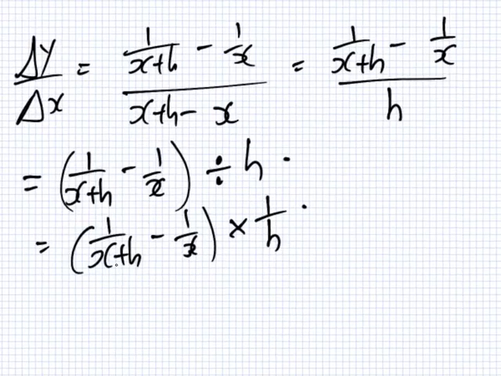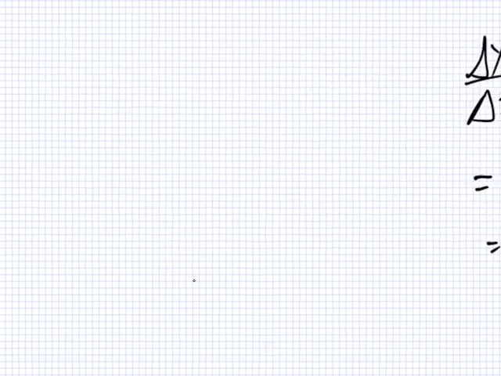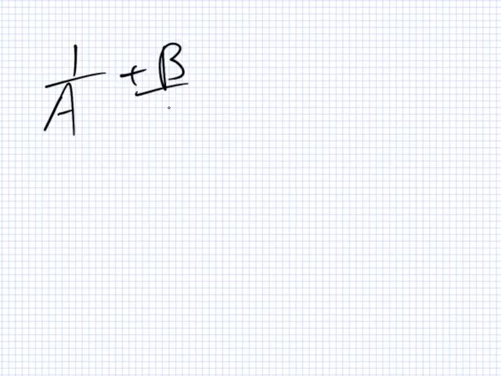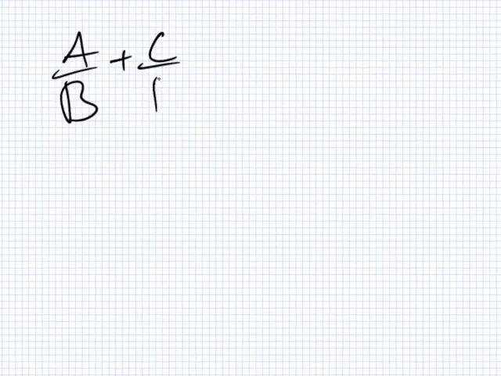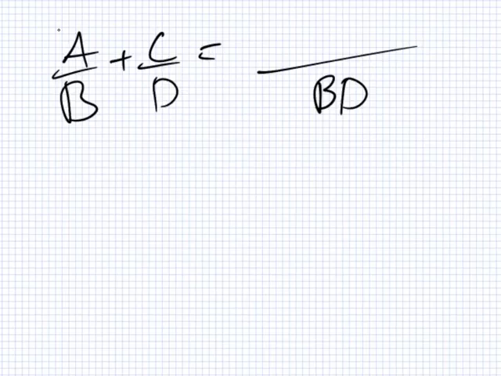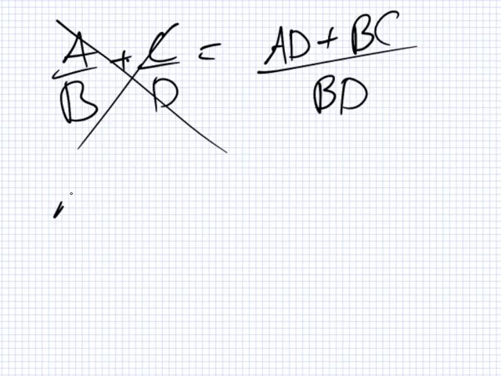So here we can put these two fractions together. Now, I don't remember if I showed you this, but the way I put two fractions together, if I had, say, a over b plus c over d, quickly to put them together, it's bd on the bottom, and then ad plus bc, and if it was a minus, it's exactly the same.